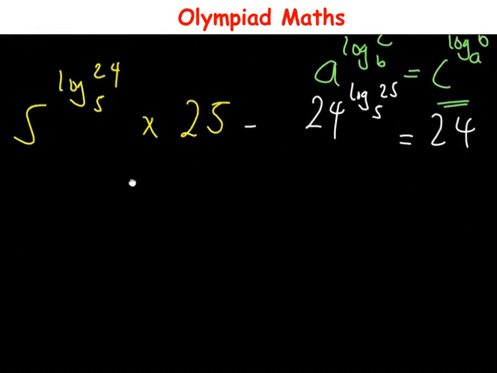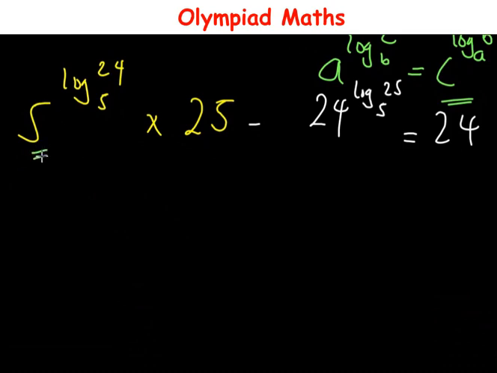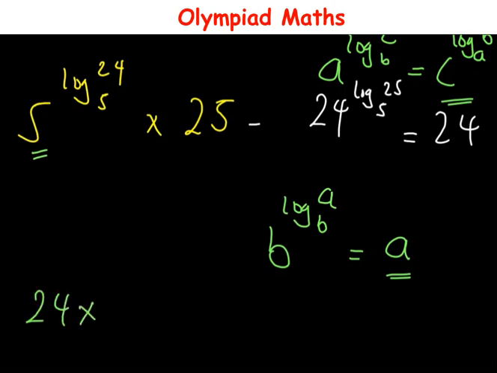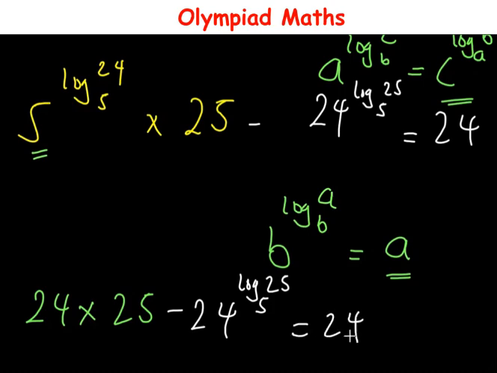Okay, so from here, now right here, we're going to simplify this by applying this property of logarithm, that if you have b raised to power logarithm of a base b, this is equal to a. Applying this rule right here, this then becomes 24, then times 25. Then we have minus this, minus 24 raised to power logarithm of 25 base 5 equal 24.